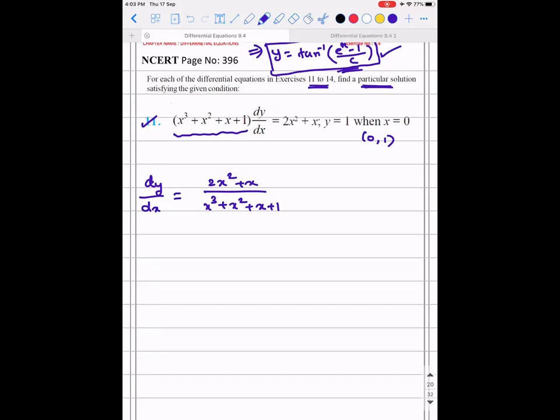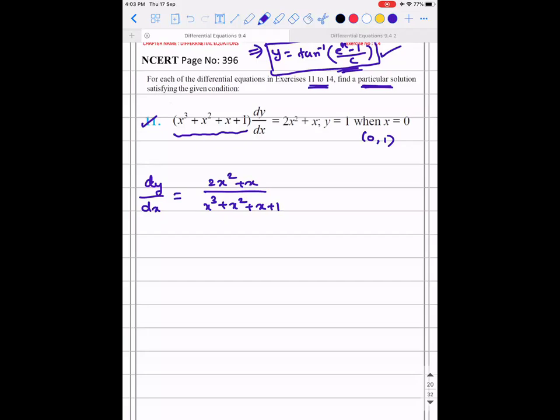So how to solve this? Anybody? So it is in which form? So we have to split it apart like x plus 1 into x square plus 1.